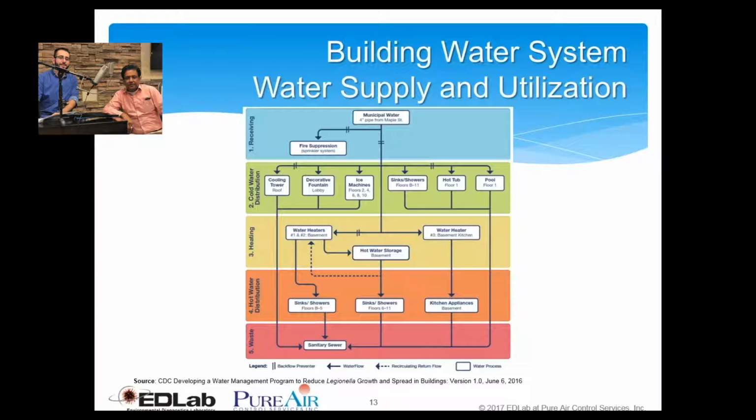That can help a great deal to understand the water system. This is just an example, not applicable to each and every building, but I have shown you how you should identify where the water enters the building and where it goes for utilization.